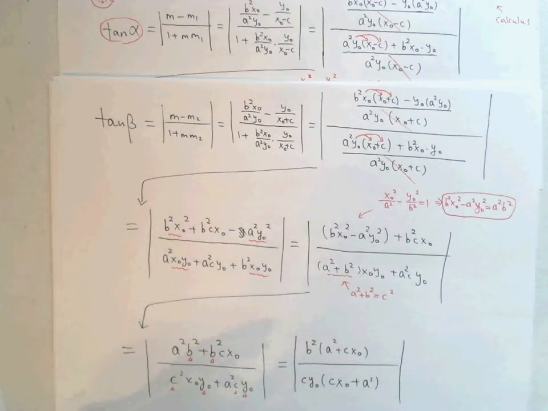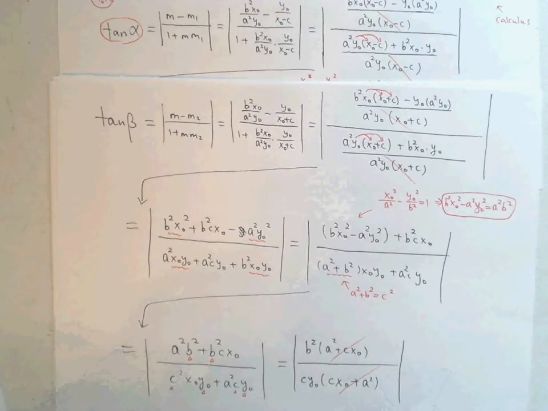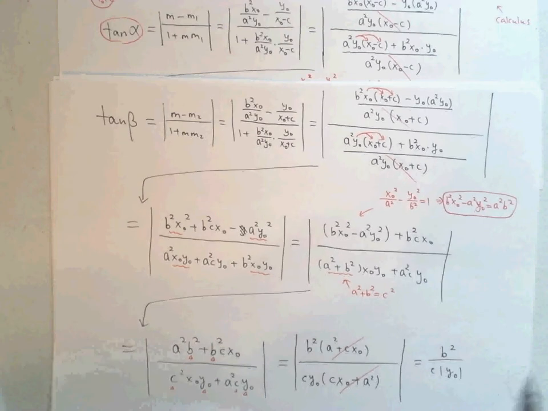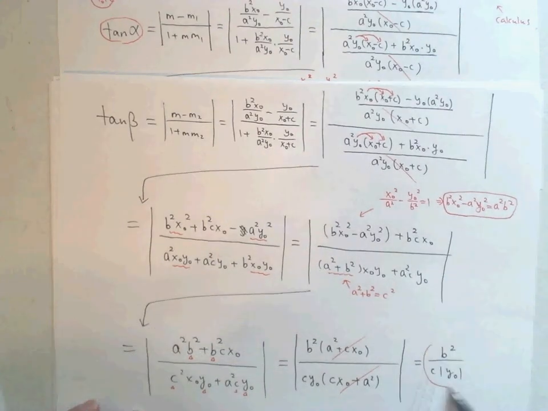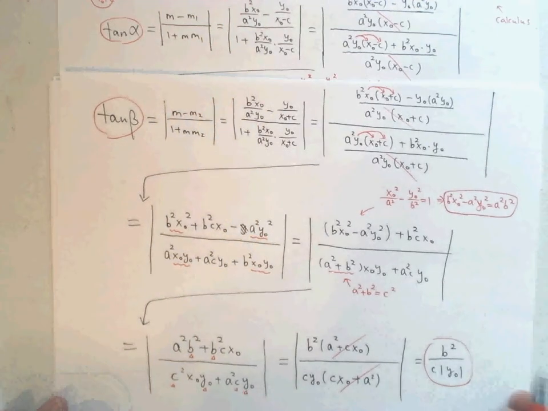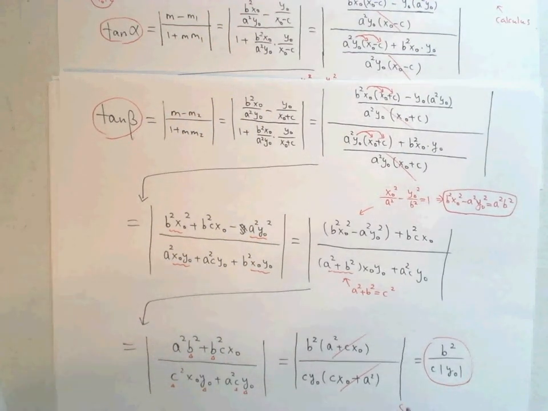Now you see this term and this term are the same, so we cancel, and in the end you have b square over c, a positive constant, times the absolute value of y0. So tangent beta equals b square over c times the absolute value of y0.